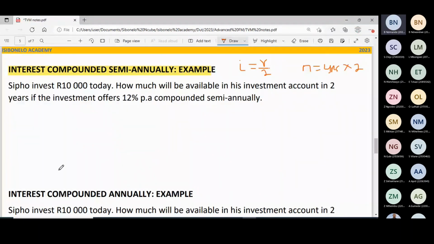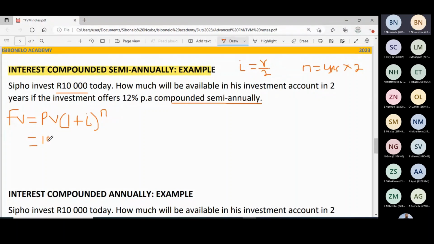So same statement, 10,000, but now the interest is compounded semi-annually. So the formula is FV, future value, equals PV into 1 plus I exponent N. So now we sub in PV, that is 10,000, the value invested today, into 1 plus I. So I is 12% annual rate.